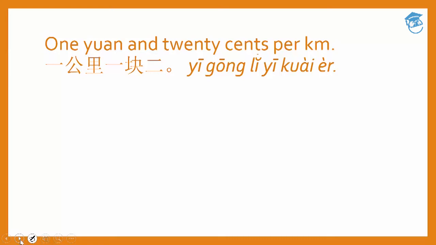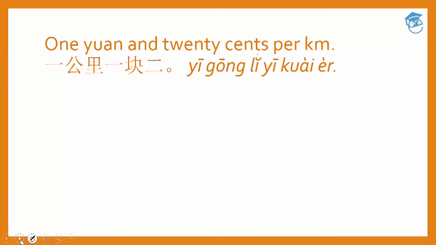It means $1.20. So previously we have learned 5块钱 as $5. In this context, we are also using a very informal way of speaking about amounts of money. So to say 1块 is $1.